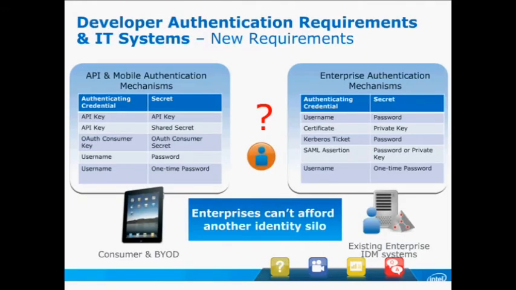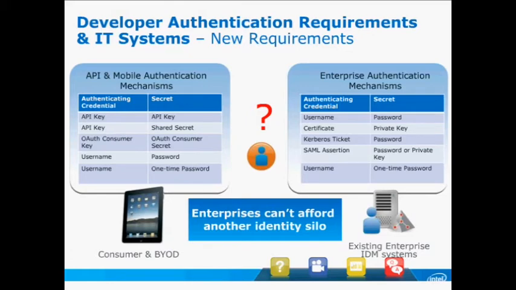Identity becomes another challenge. The old way of doing things, the way that we do things within the data center, is different from the way that things are being done on the internet today. Inside the enterprise, you probably have Active Directory or LDAP or Kerberos or another enterprise identity and authentication type of system.